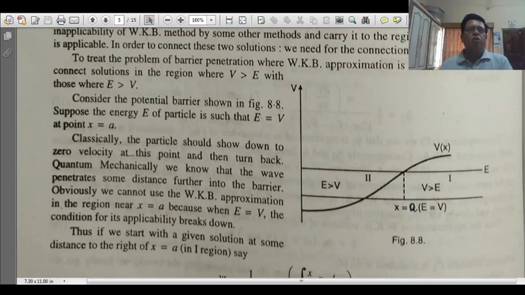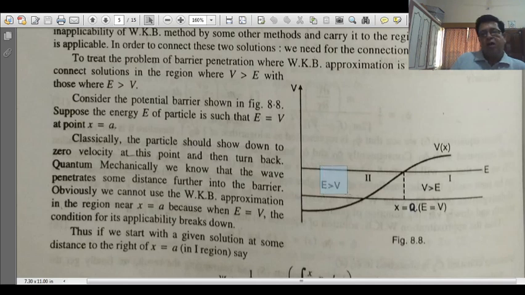This is to treat the problem of barrier penetration. You are all familiar with this problem because you went through it in your UG classes, in semester first. There are two regions.